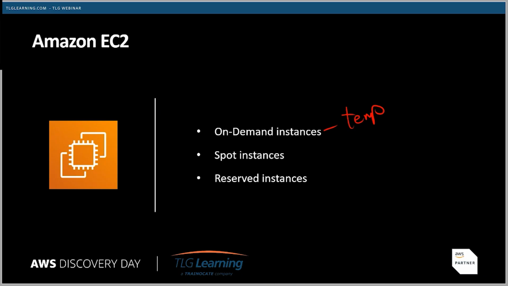They're not running all the time. You start it up and start it up again when you need it, and that tends to be on the more expensive side for running your EC2 instances, because they're not assumed to be running 24 hours a day.